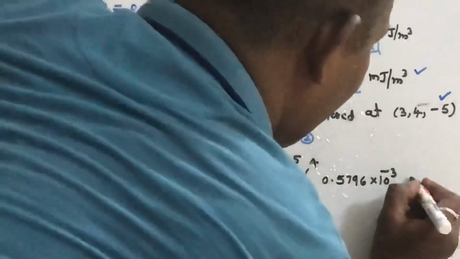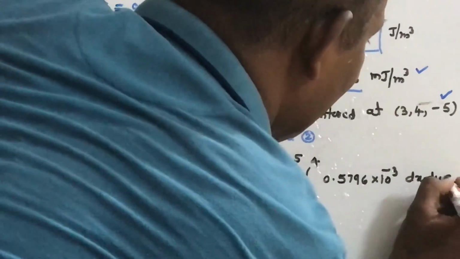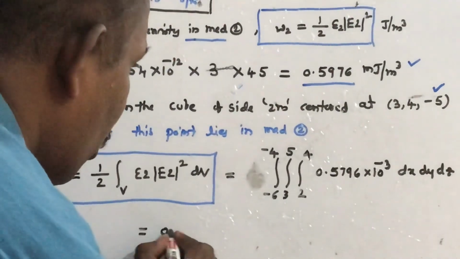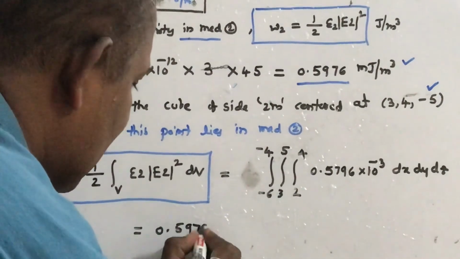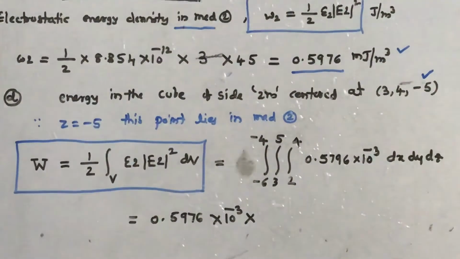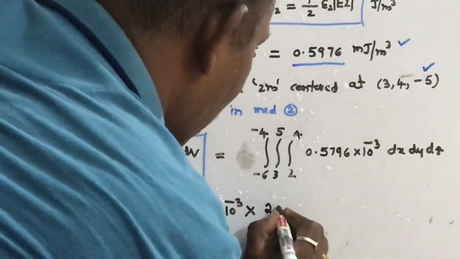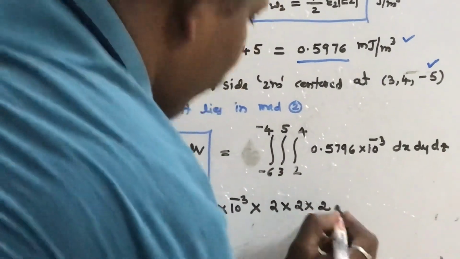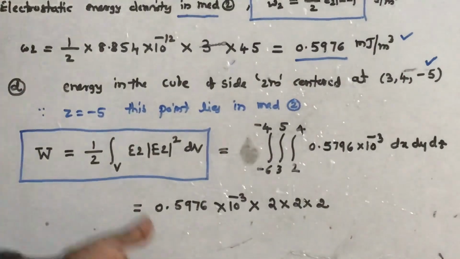Substitute dV in Cartesian as dx dy dz. So 0.5976 into 10 power minus 3 millijoules into the volume of the cube. Each side is 2, so 2 into 2 into 2 gives 8. The volume of the cube is 8, simple.